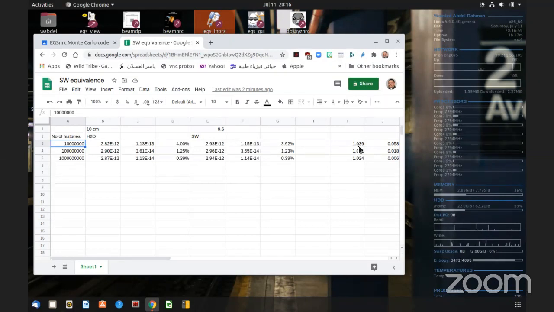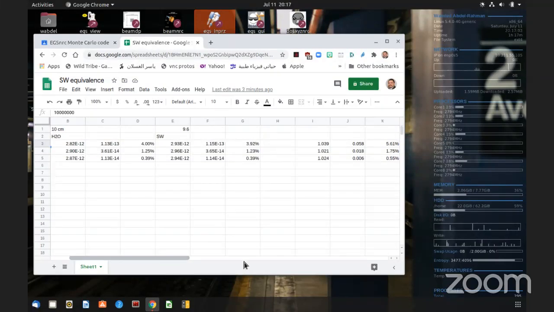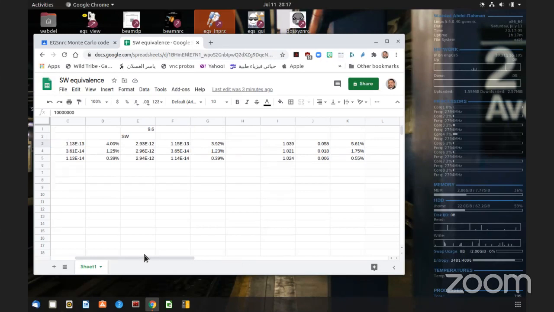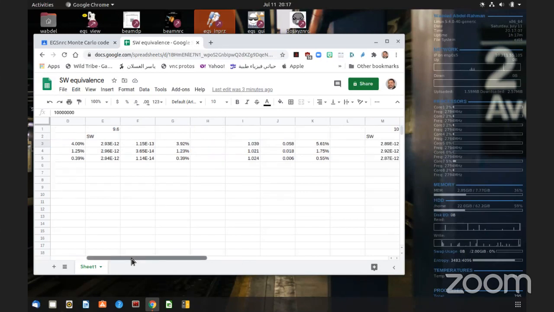So I have 1.04, but the uncertainty on that ratio, because we also have to take the uncertainty into account, this is how we calculate it. We add the uncertainties in a way, and I get an overall of 5.61%.